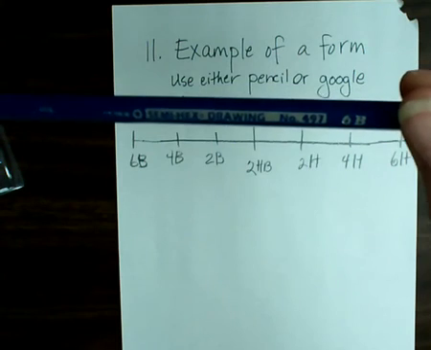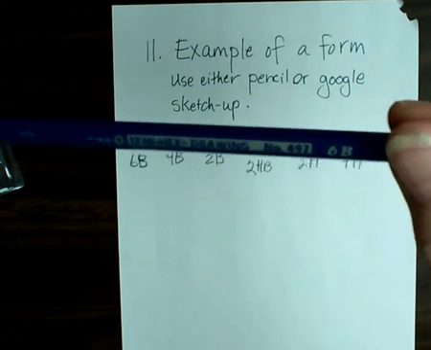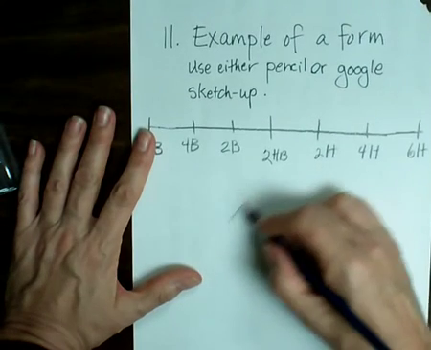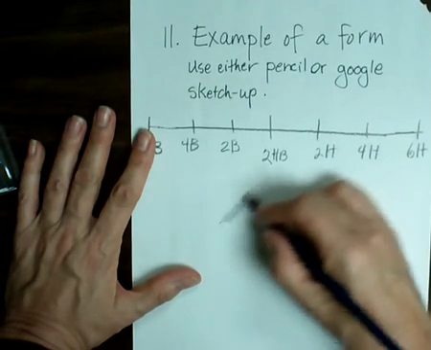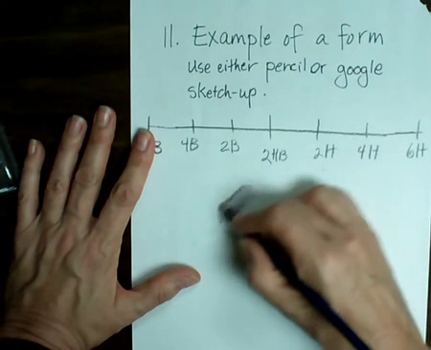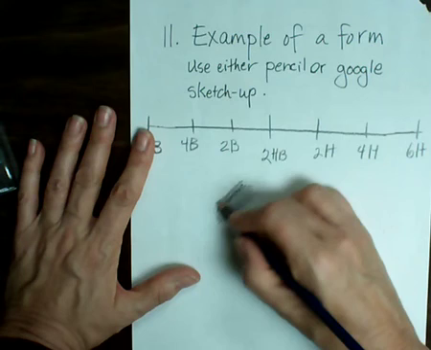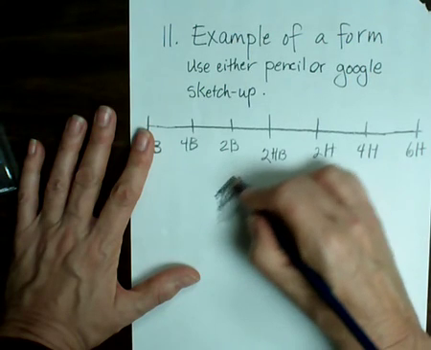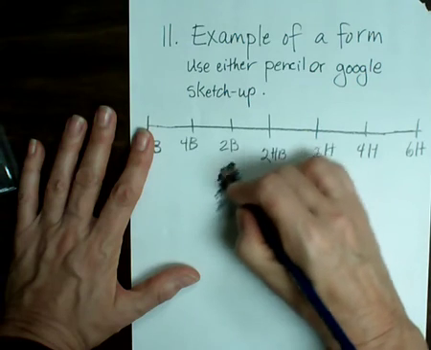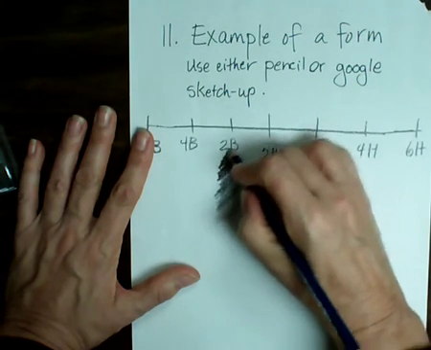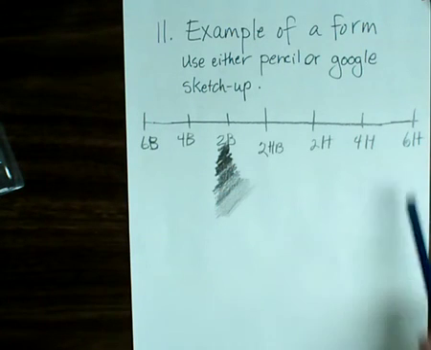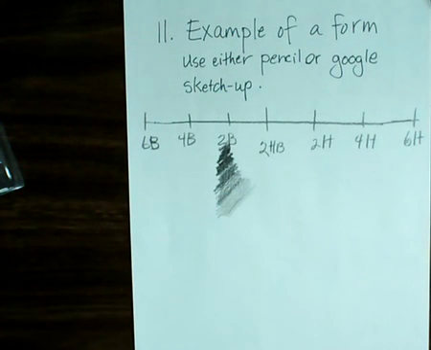I would probably do the whole image with the 6B. First, lay your shading down, but what you can do with the 6B, the more you press, the darker it becomes. And you can get a really dark surface with a 6B, where with a 6H, that's when you want to make a really light mark.